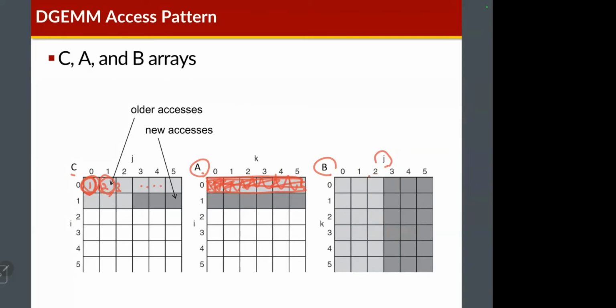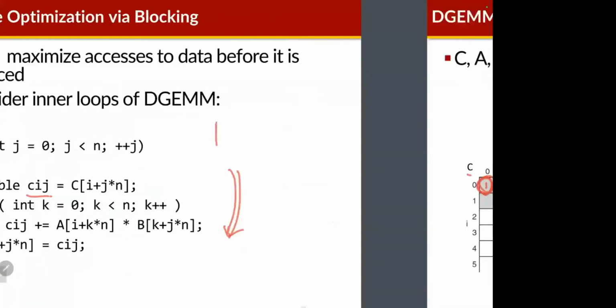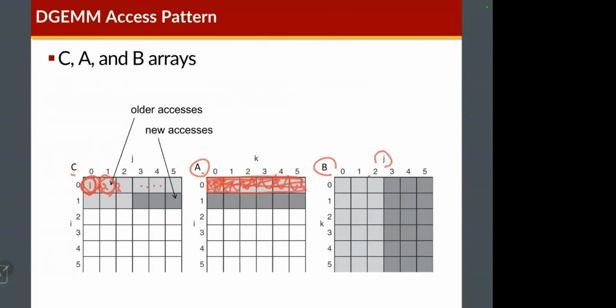If we see how the matrix multiplication is computed using this simple code, this row vector of matrix A is reused. So these 6 elements of matrix A are reused. If the data is reused, then we can exploit the cache, right?